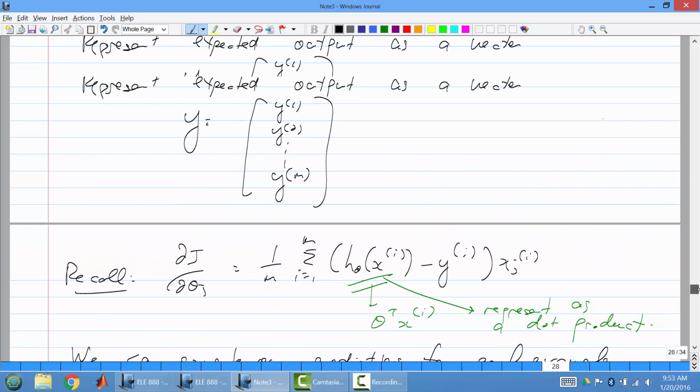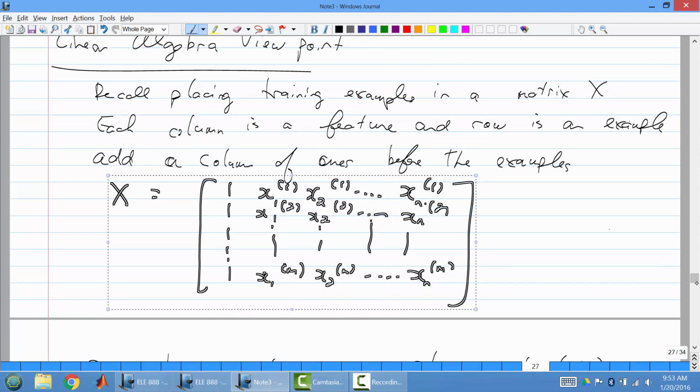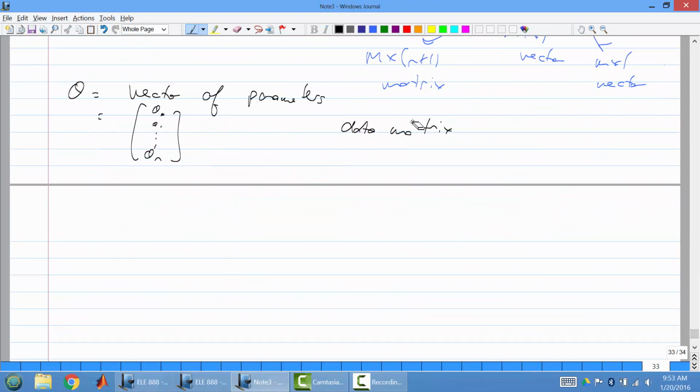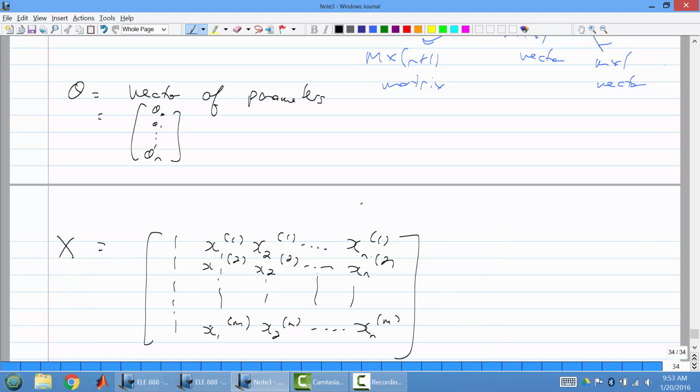Let me copy this and put it here instead. So this is the data matrix. And y would be the expected output as a vector. This is y1, y2, and so on.